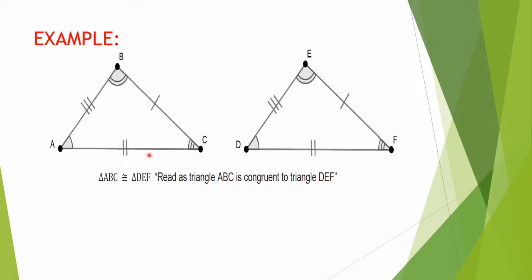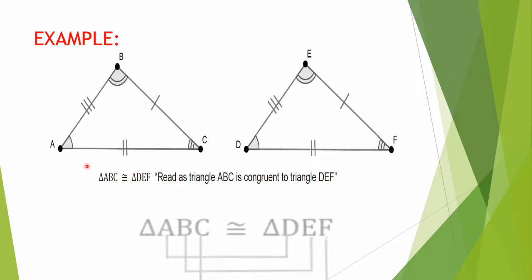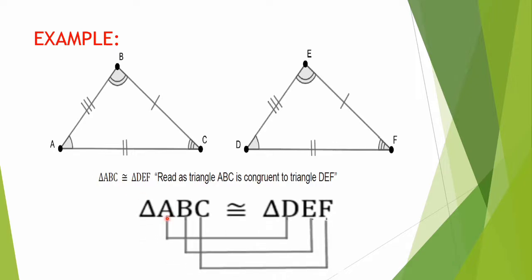If you check each angle and each side of the two triangles, they have indicated markings. These markings show their correspondence, wherein angle A corresponds to angle D, angle B corresponds to angle E, and angle C corresponds to angle F.